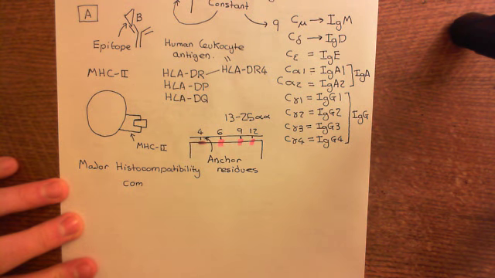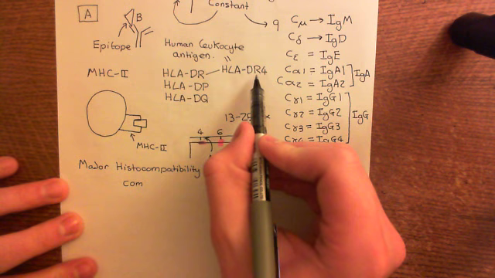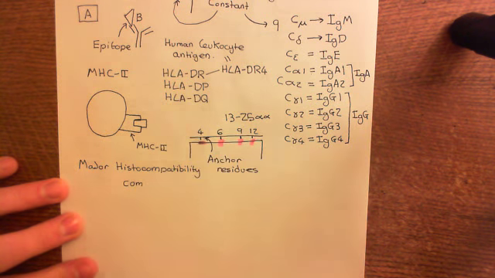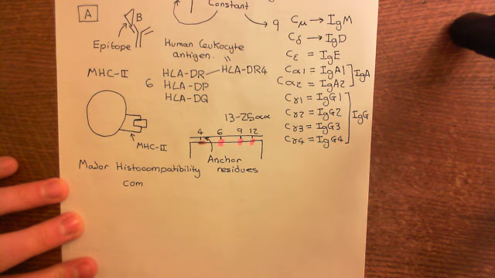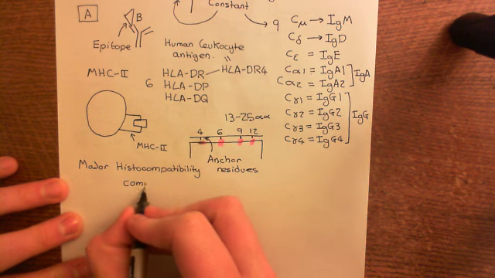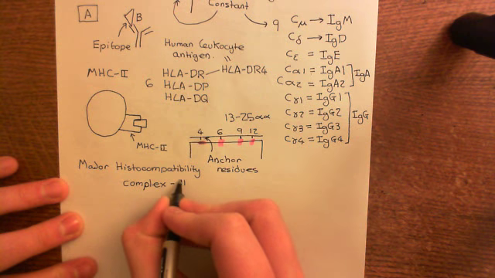Each of them has many different alleles that you could have. Individuals with HLA-DR4 alleles in this HLA-DR locus, on chromosome 6, are at a 4 times increased risk of developing rheumatoid arthritis. So, major histocompatibility complex, and then it's class 2.